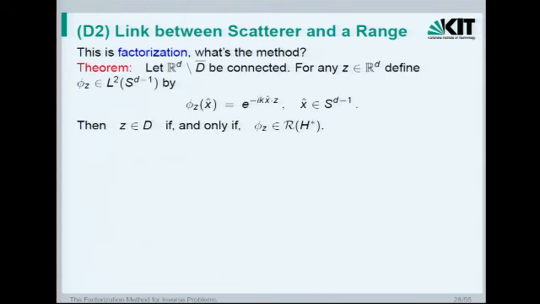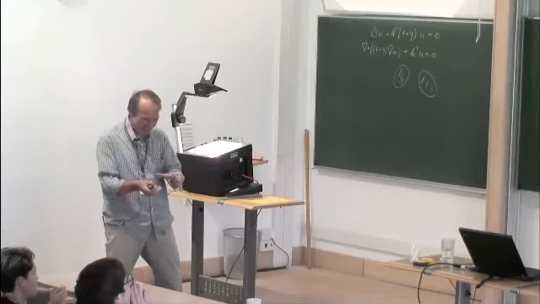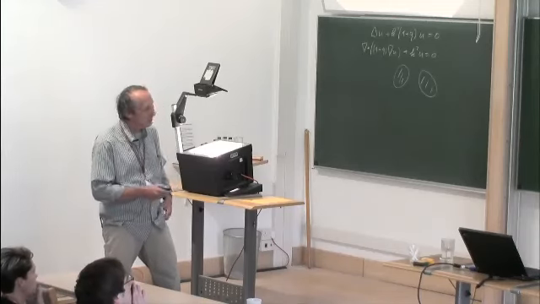The link is now this theorem. We have to assume that the exterior of D is connected. D itself does not have to be connected, but the complement has to be connected. We cannot see holes in D. So for any Z, we define this function, which is again very analogous to the finite dimensional case.